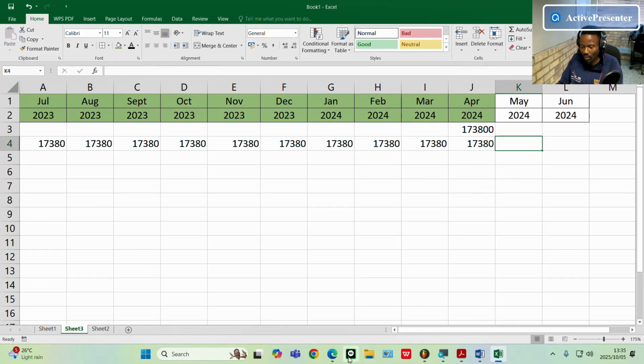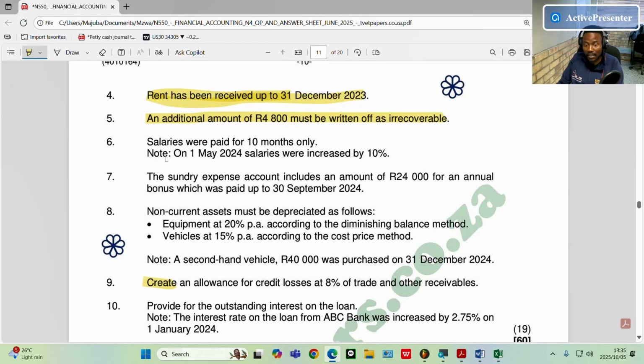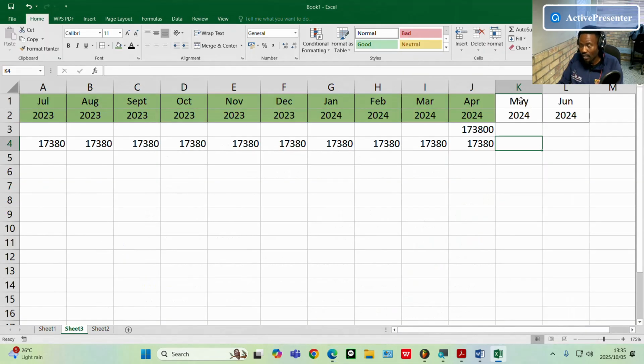Now, what does the adjustment say? It says on 1 May 2024, salaries were increased by 10%. So from 1 May and June, which is the 2 months that we haven't received yet, salaries were increased by 10%, meaning 10% added to the 17,380. Before we do that, let us agree that each month the salary is 100%.